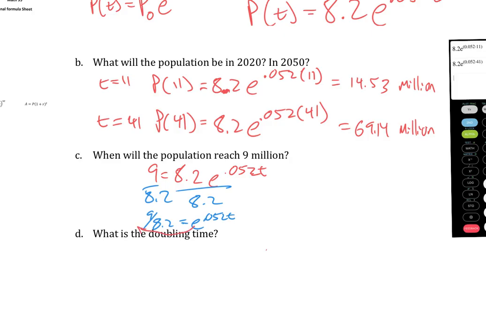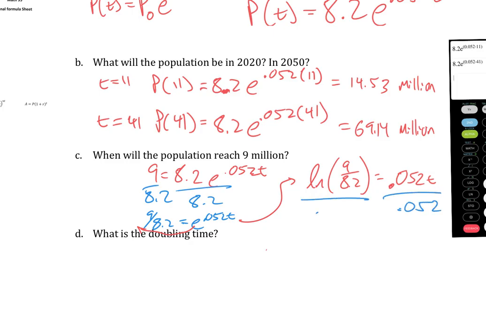Swing that e around. And we're going to have log base e, which is the natural log of 9 over 8.2 equals the exponent 0.052t. And then let's divide both sides by 0.052. Okay. And if we do that, we get 1.79.